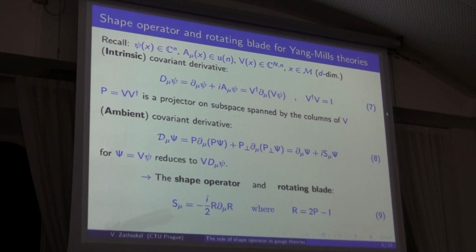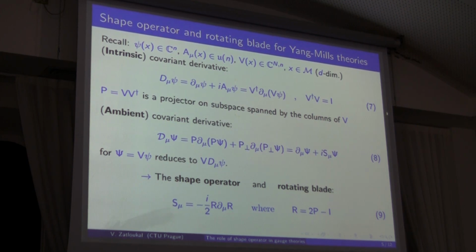It gives us some subspace of the capital N dimensional complex space together with a choice of orthogonal bases in that space. And if we only look at the projector on that space, we can write it as V V dagger. And this is the subspace that is spanned by the columns of the rectangular matrix V.